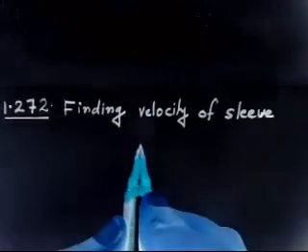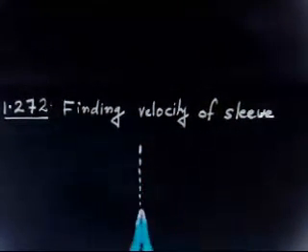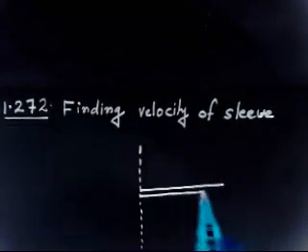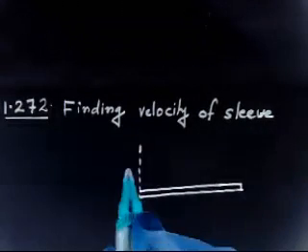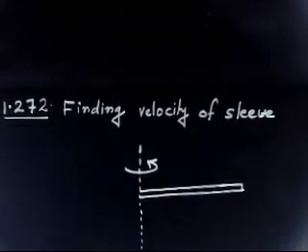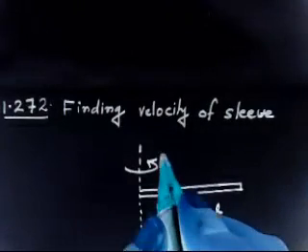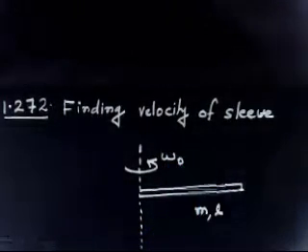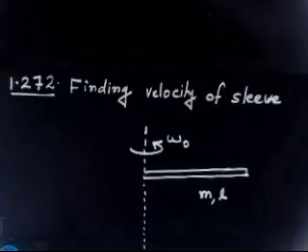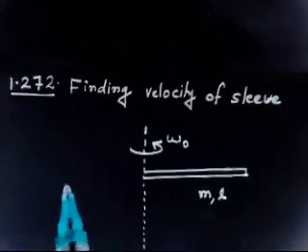So I have this axis, and there is a horizontal rod. This rod is rotating about this axis. Mass of this rod is m, length of this rod is L, and angular velocity of this rod is omega naught. And this is kept on a smooth horizontal plane.